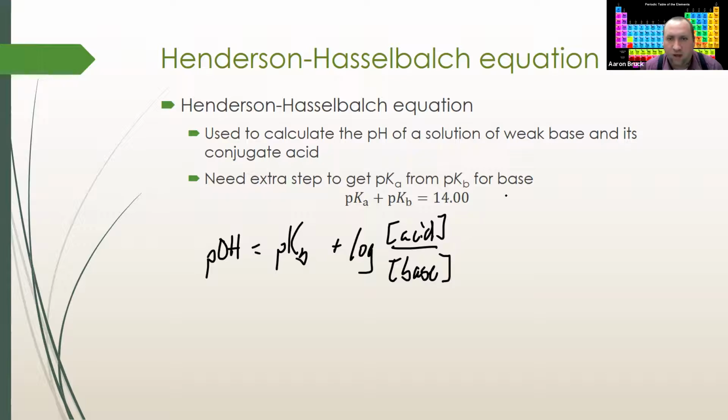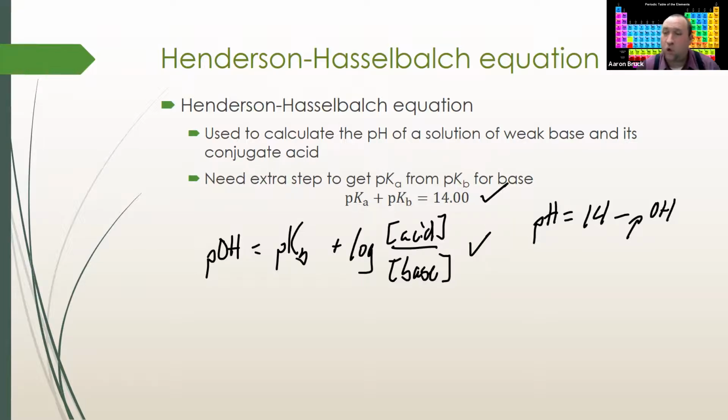Now, the other way to do it is you can turn that pKb into a pKa using this equation right here, and that works just as well. It's kind of the same idea, because ultimately we're going to find pH by taking 14 minus pOH. So whether we use this form or the previous form, basically we're going to do the same two steps.